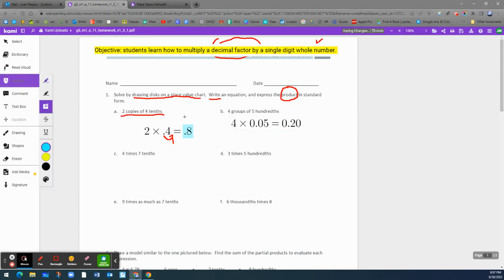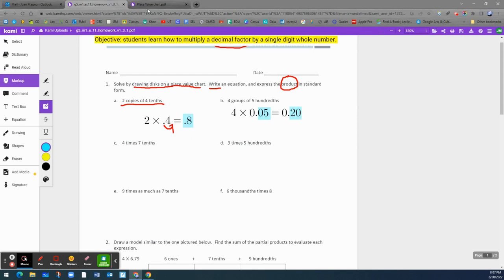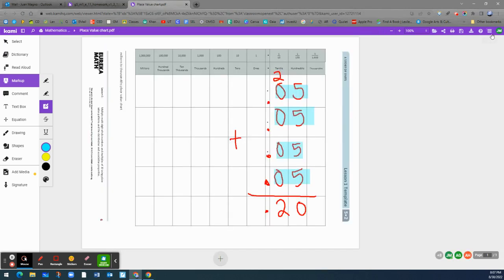And again, let me emphasize this. If one of these numbers has two digits to the right of the decimal point, the product must have two digits to the right of the decimal point, so that our answer is correct. Okay, so this is how you solve this problem using the place value chart.